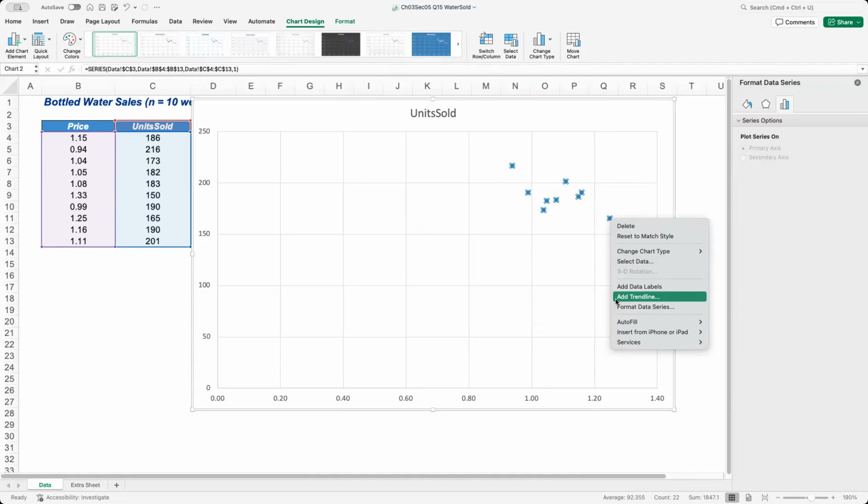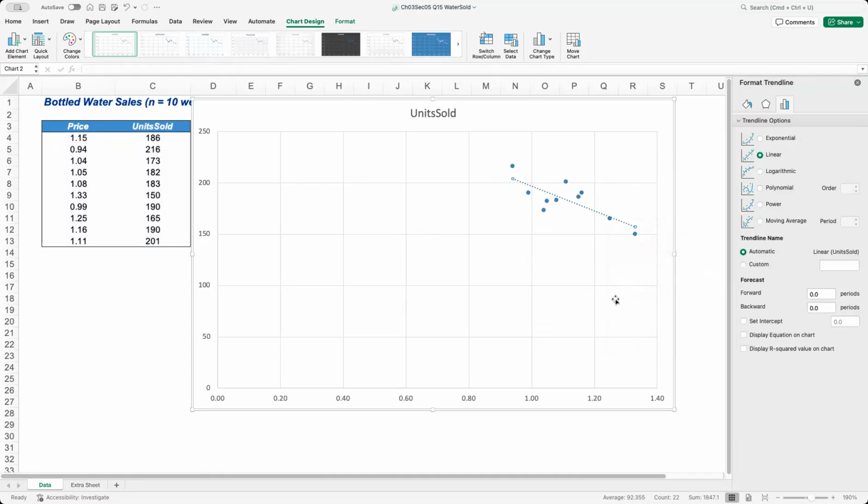It will draw for me a line. The line that is quote unquote closest to these data values. This line of best fit has all sorts of options over there. Remember I said we could find other kinds of relationships that weren't straight lines?